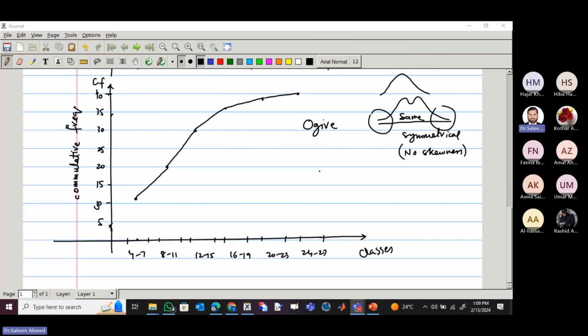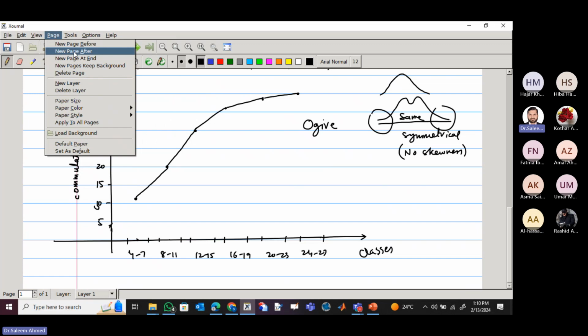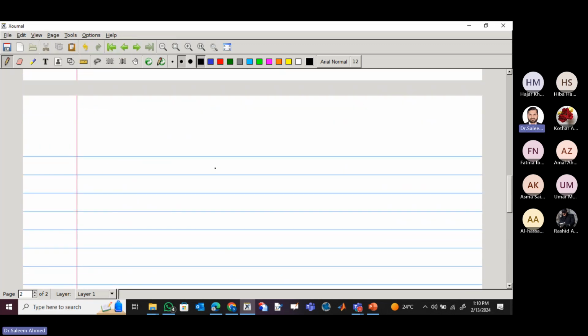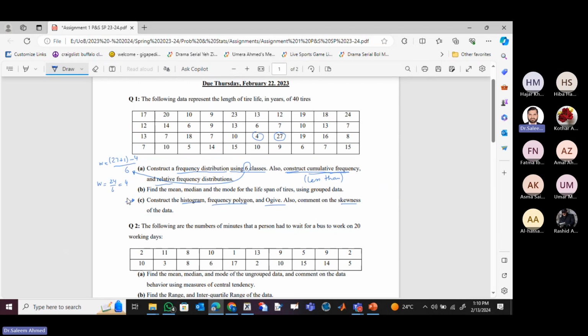Okay, so for mean, median, mode, I think we did examples. Even if I try to do B part here, we should use grouped data because I have made a frequency distribution, right? So we should use this as grouped data, even though raw data is given to me, because we have made a frequency distribution, so we should use grouped data.